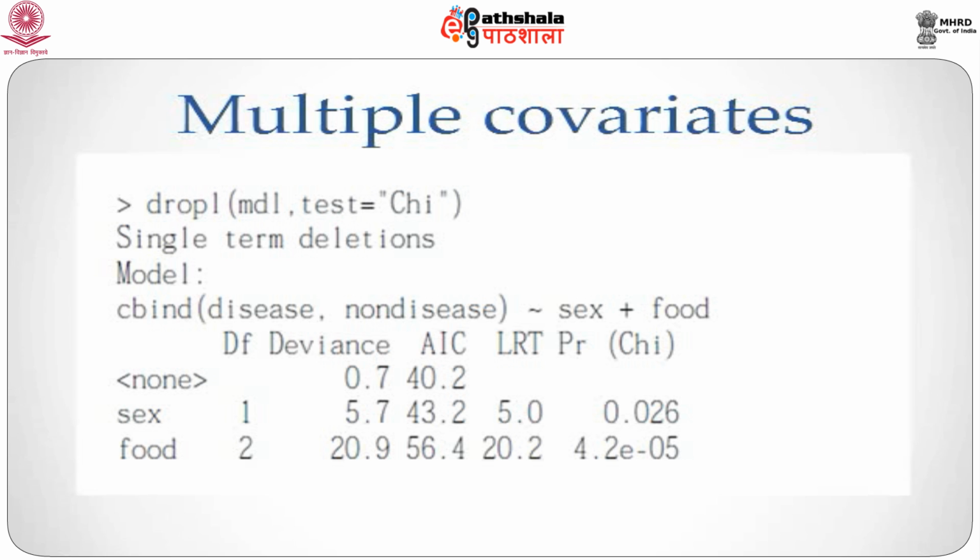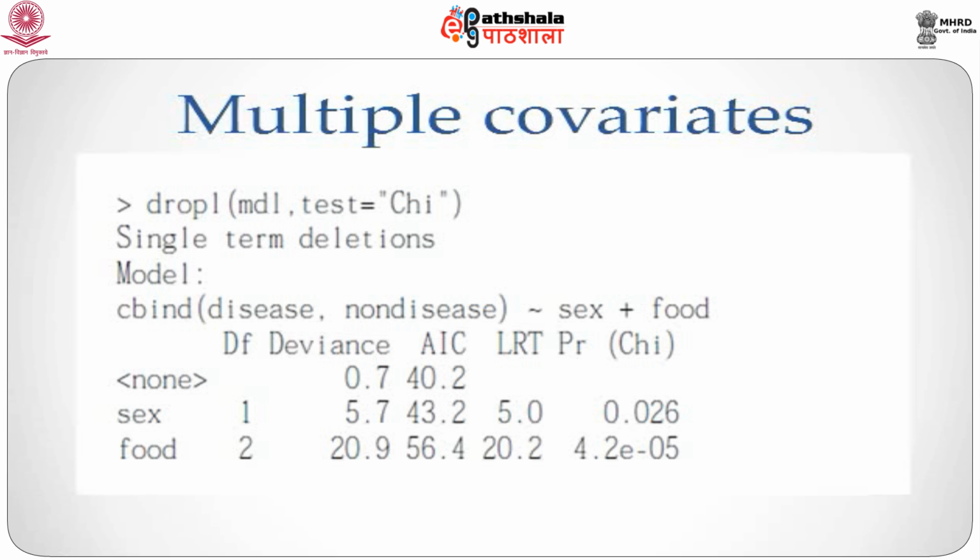So the model here is disease, nondisease on sex and food, the logistic model, and we have dropped respectively the terms sex and food, the corresponding covariates, and R gives us the likelihood ratio test for the two as compared to the model with both covariates.